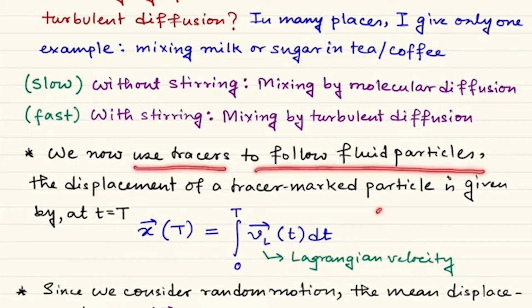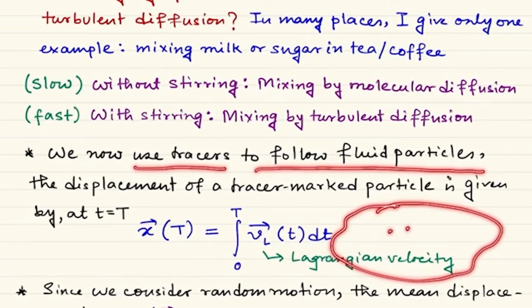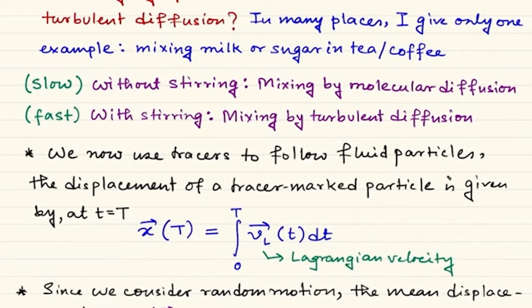That means in a container of fluid, you use some fluorescent elements. You drop some fluorescent colored points, and then you follow the trajectory of those fluorescent points. Here I have drawn a lot of fluorescent points.